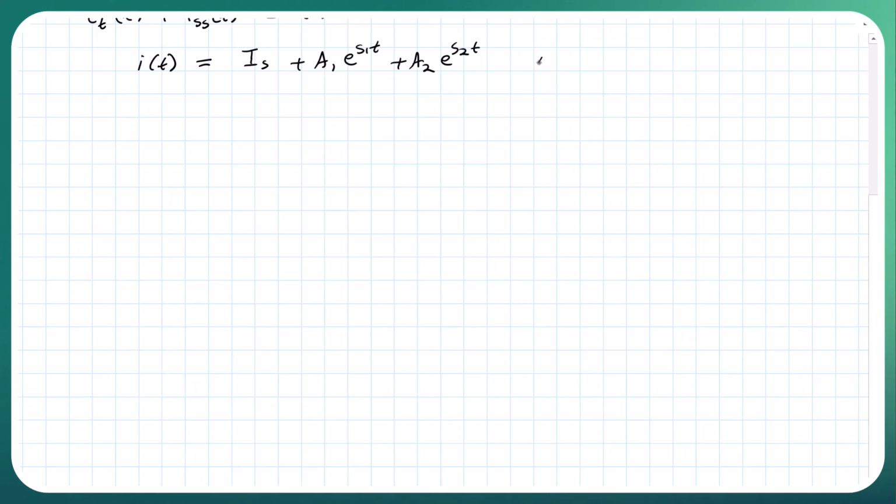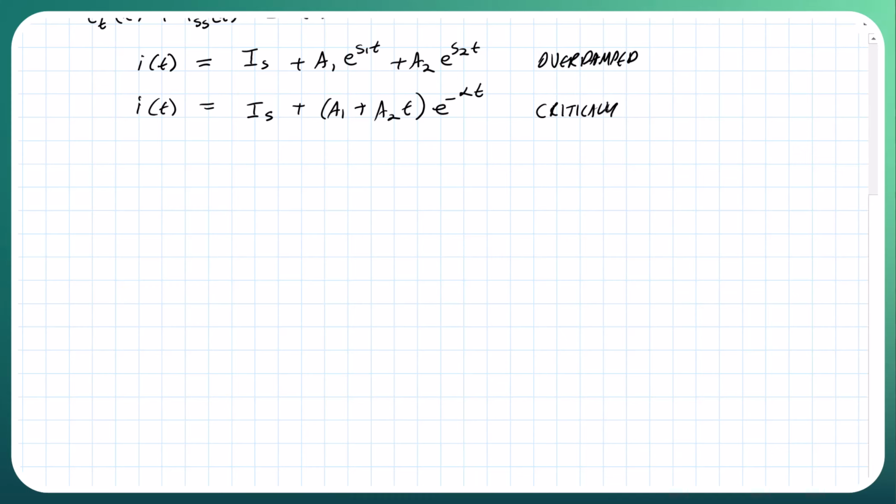This is going to be our overdamped case. And then we got our second case, I of t is equal to our IS plus A1 plus A2t e to the minus alpha t. This is going to be our critically damped case.